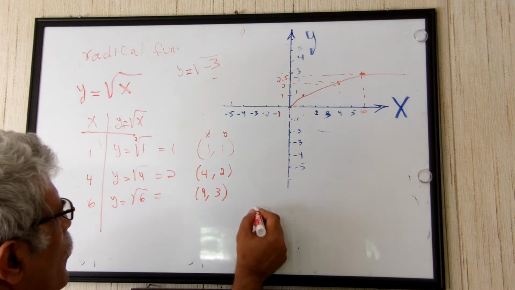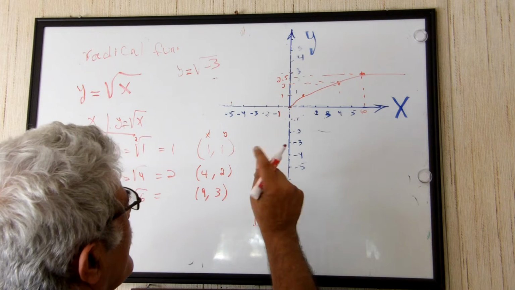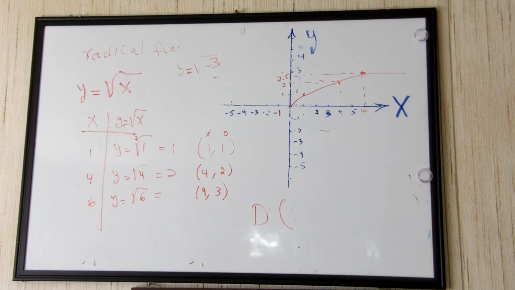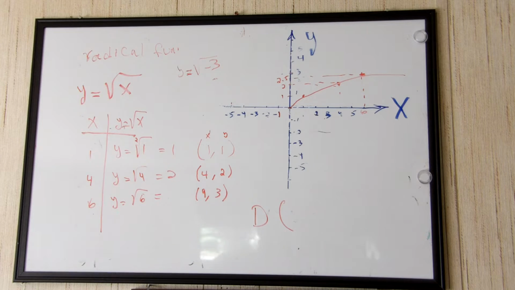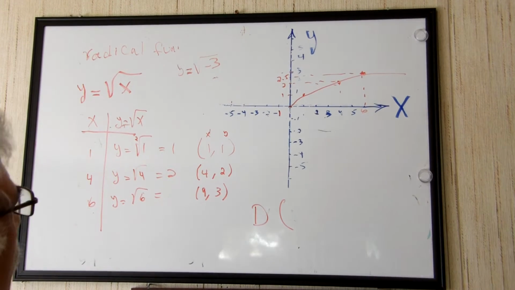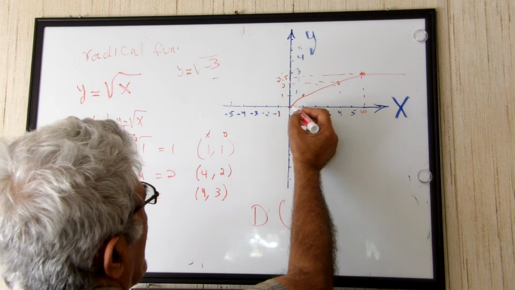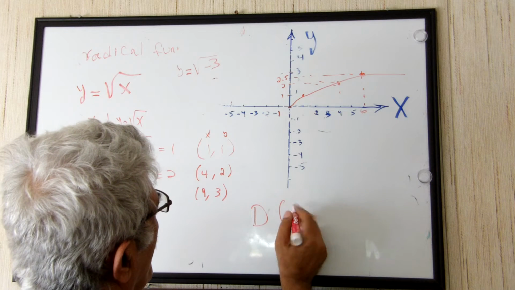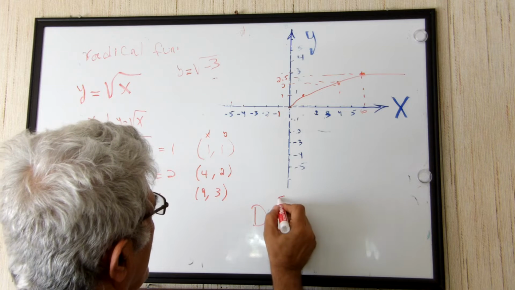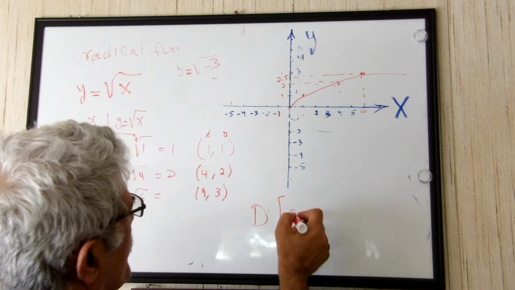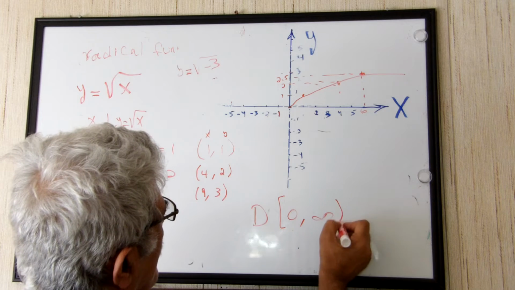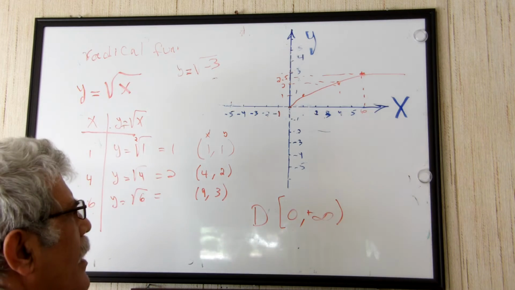So what is going to be the domain? See, the domain is the values that x can get. All the values that x can get. So we can't give -5. So the values that x can get are 0, 0 included, up to plus infinity.